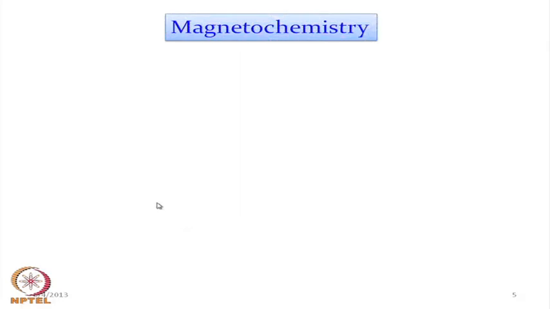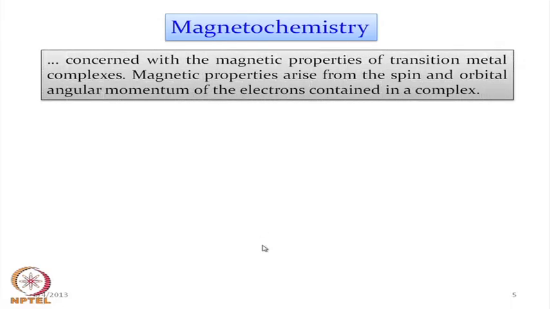So next we will talk about magnetochemistry, that is, how the magnetic properties of all these coordination complexes are helpful in determining or identifying the nature of these complexes. So this is basically a characterization technique or tool where we can determine the corresponding magnetism or magnetic properties of all these complexes.